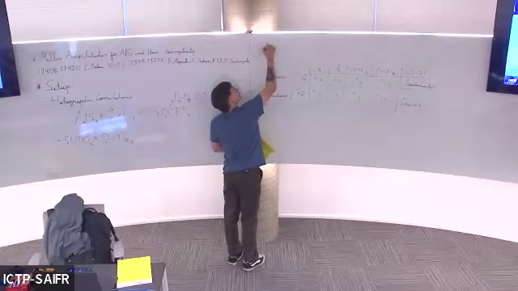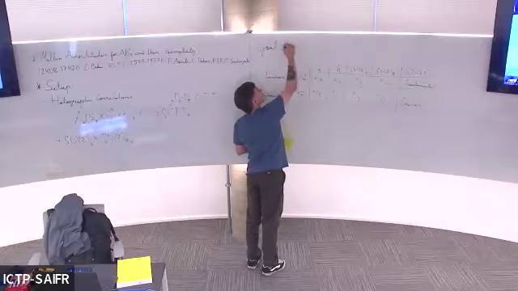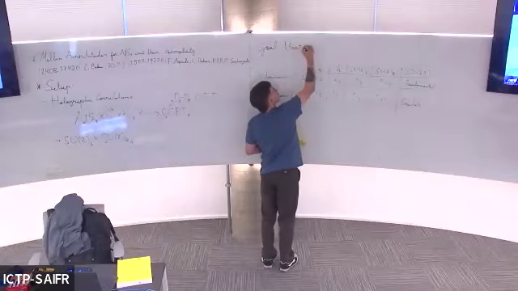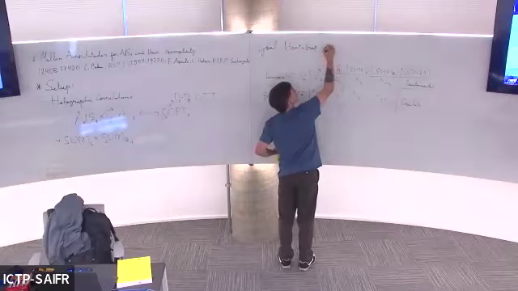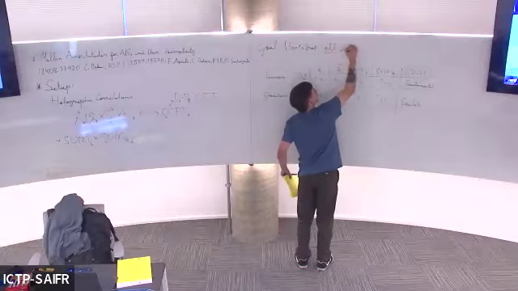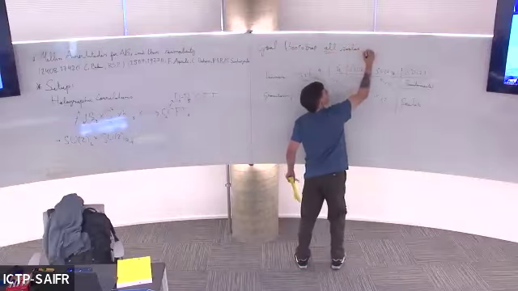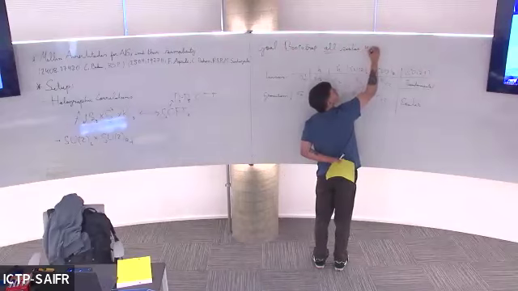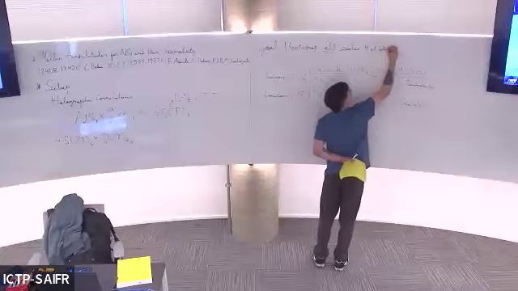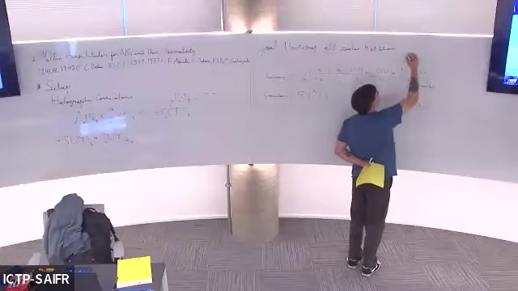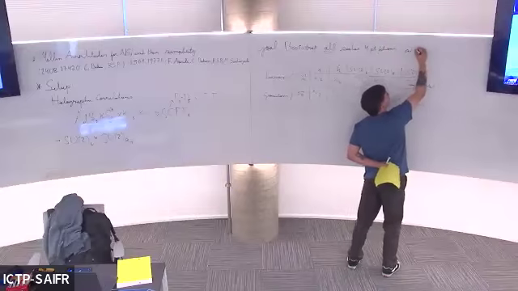So let's look at the goal. The goal was to bootstrap all scalar, that's important, 4-point functions in a specific limit at strong coupling.